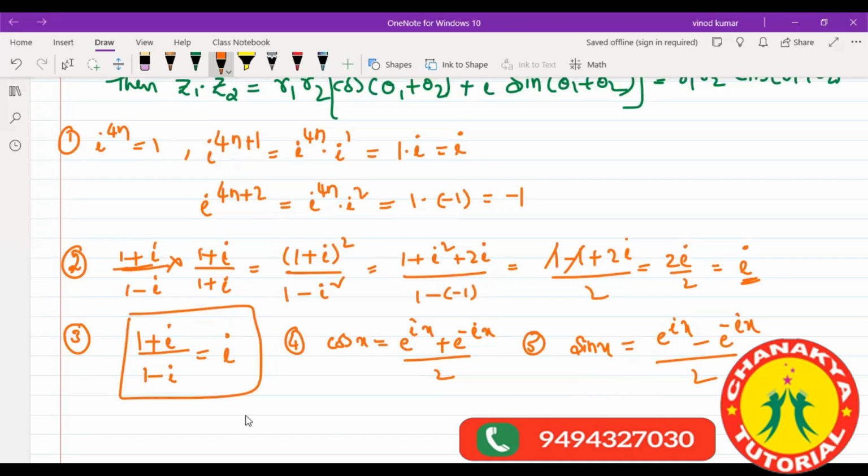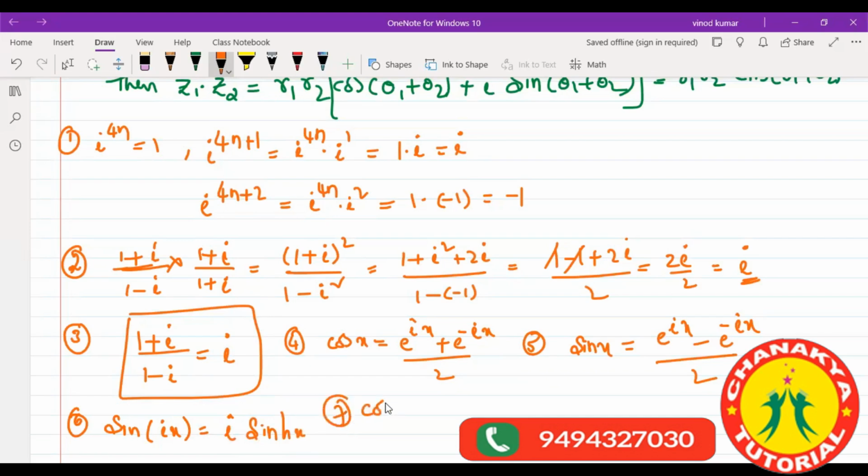And some more are similar. Sin of ix, the imaginary symbol in terms of angle, can be written as i sinh x.